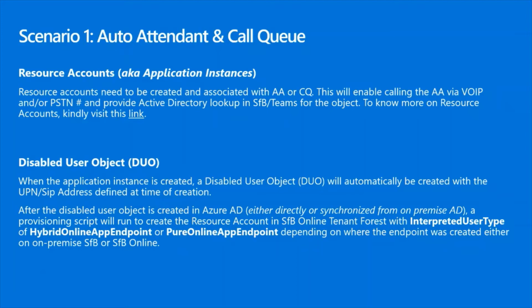Now, we can have call queues and auto attendants in a way where you can specify business hours, off hours, and holidays. Each call queue has a specific language and time zone. If you do business in multiple languages or have people working in different parts of the world, you can create as many different auto attendants as you need to accommodate the caller.